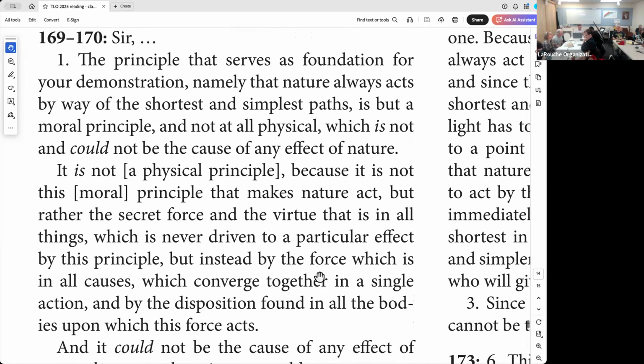It is not a physical principle because it is not this moral principle that makes nature act, but rather the secret force and the virtue that is in all things, which is never driven to a particular effect by this principle, but instead by the force which is in all causes, which converge together in a single action, and by the disposition found in all the bodies upon which this force acts.